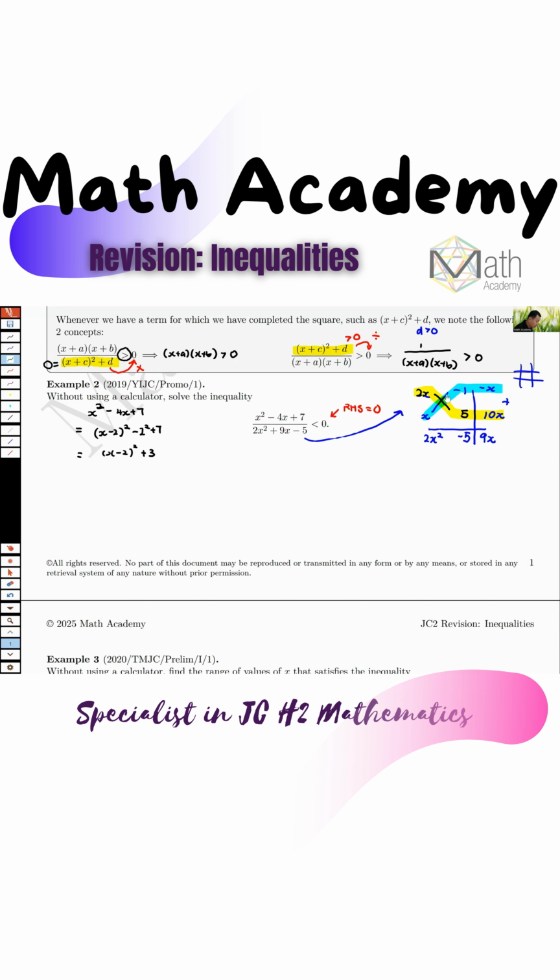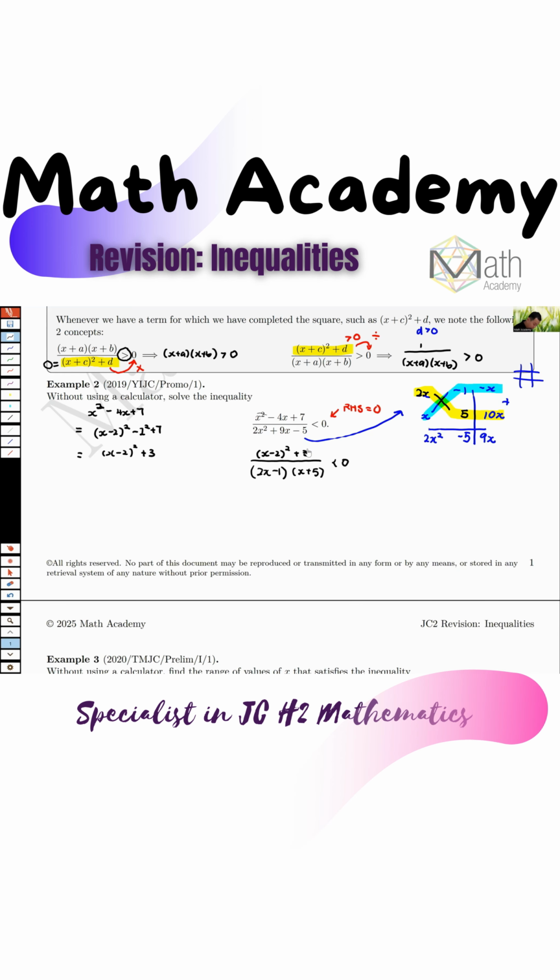Okay, so with this, I can form it back to our equation. So at the top over here, we continue with the x minus 2 squared plus 3. Denominator, we use our cross-factorization. Okay, so the top part, 2x minus 1 will give you one factor. x plus 5 will give you another factor, lesser than 0.